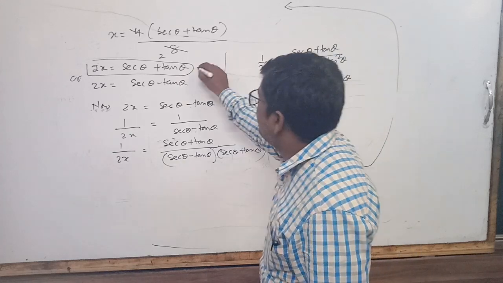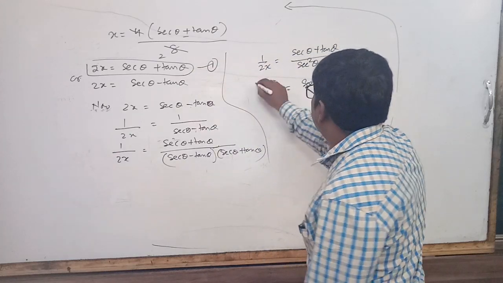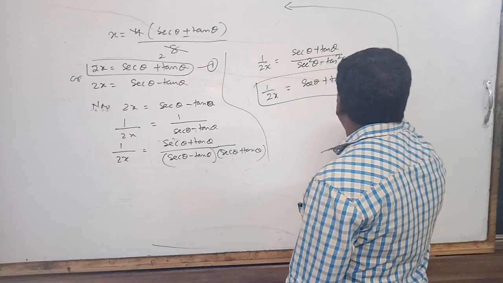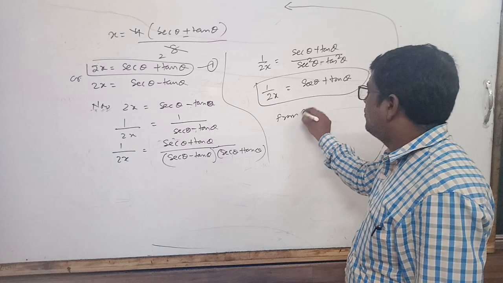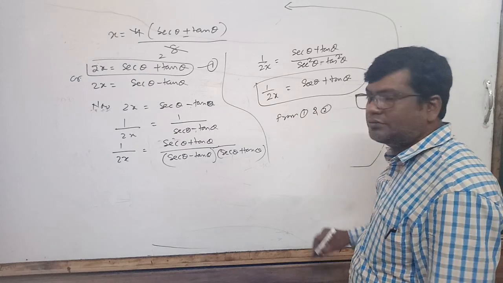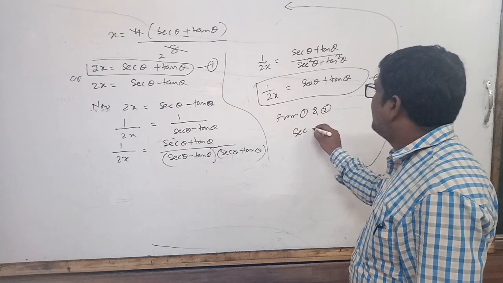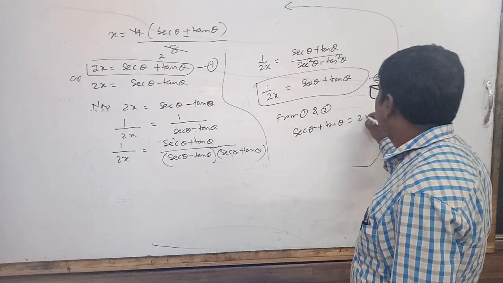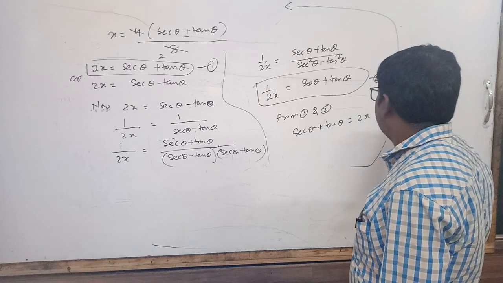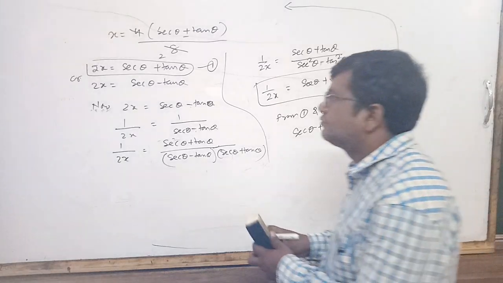Suppose this is 1 and this is 2. From 1 and 2, sec theta plus tan theta is equal to 2x or 1 by 2x. Hence proved.